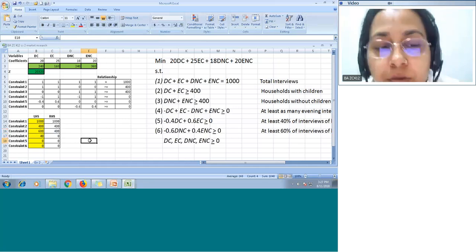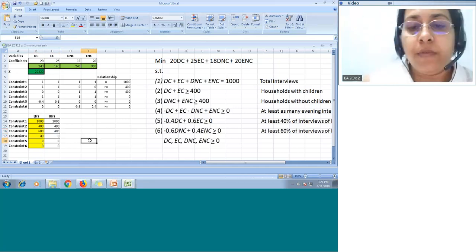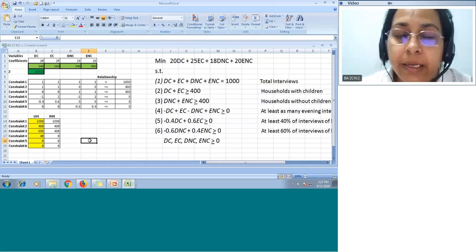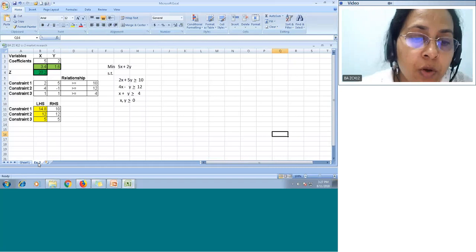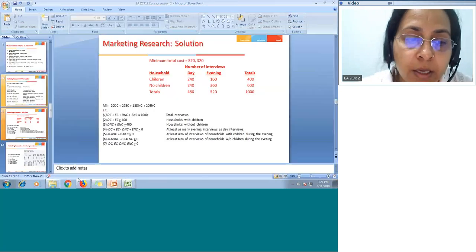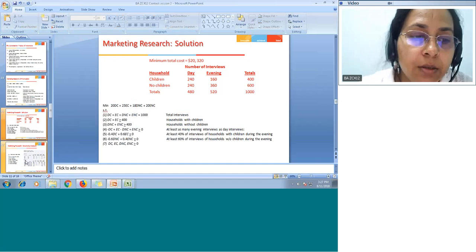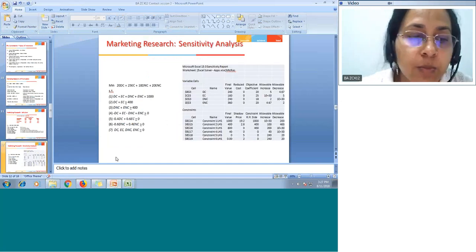Where the slack values are 0, we say these constraints are binding constraints, which we discussed in the previous class also. Right now, let me go back here and discuss the sensitivity, and later discuss the sensitivity of this problem also.